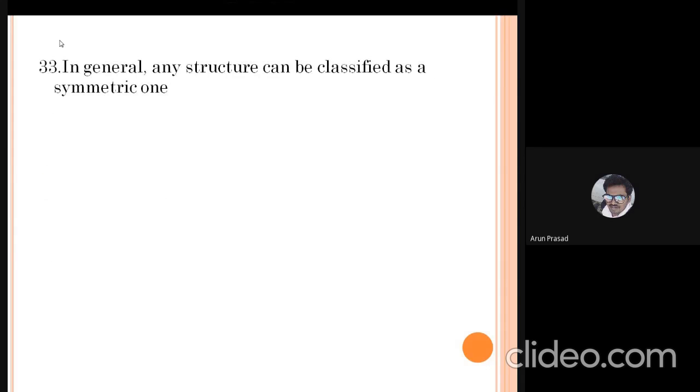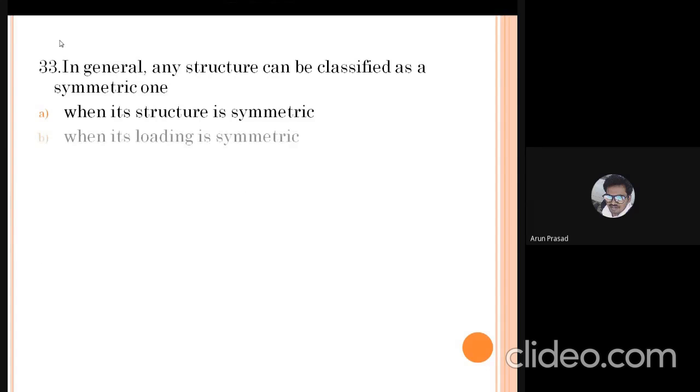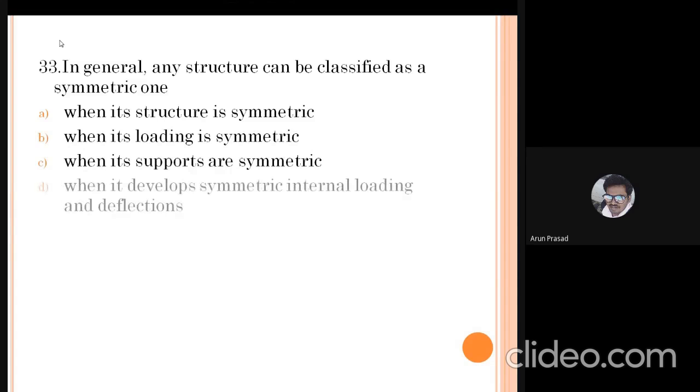So next, in general, any structure can be classified as symmetric when the structure is symmetric, when its loading is symmetric, when its supports are symmetric, when it develops symmetrical internal loading and deflections. So what are the conditions?